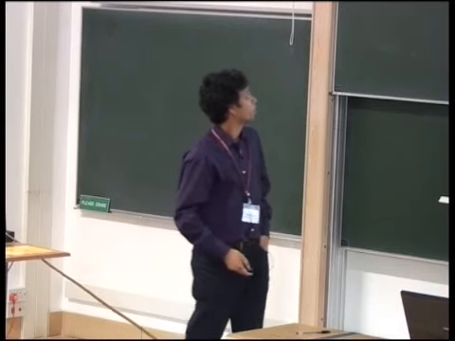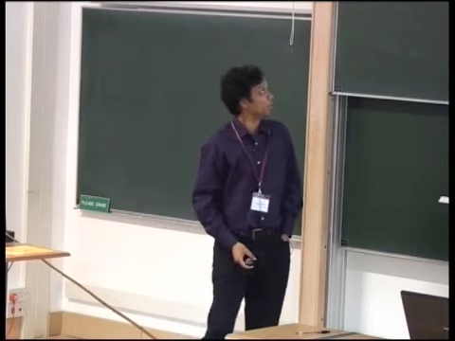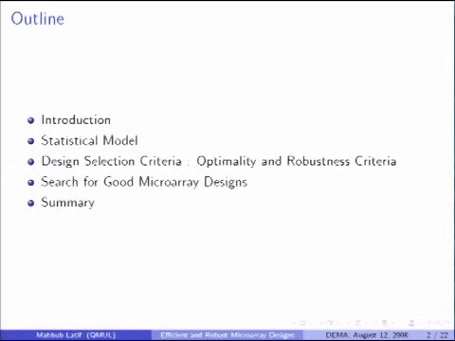Okay, so this is the outline of my talk. First I introduce the problem, the way I define it. Then I will describe the model I use for defining design selection criteria. I define two criteria.